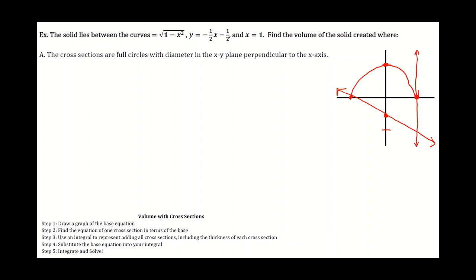Now, if I were turning this into 3 dimensions, I have some base that looks like this almost. And then imagine that you have full circles with the diameter. Oh, that's not a good circle. Okay, like that. So each slice is a circle with the diameter in this plane.